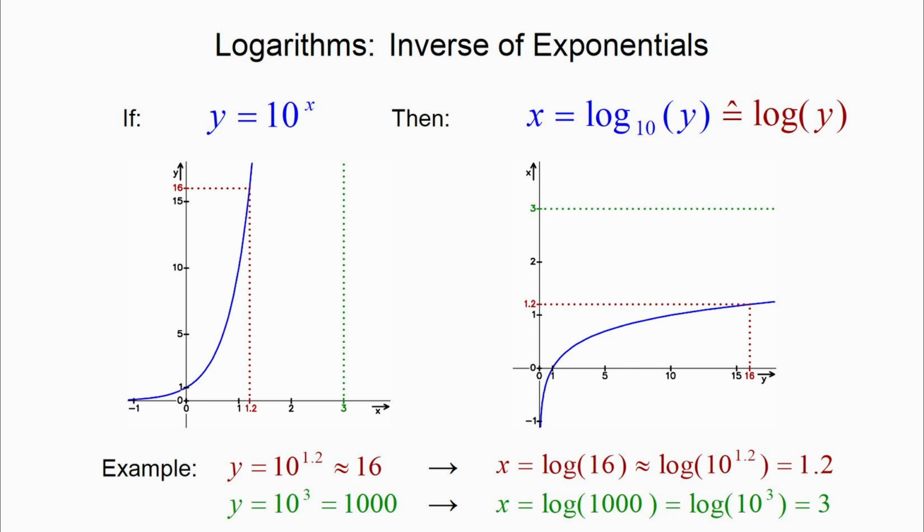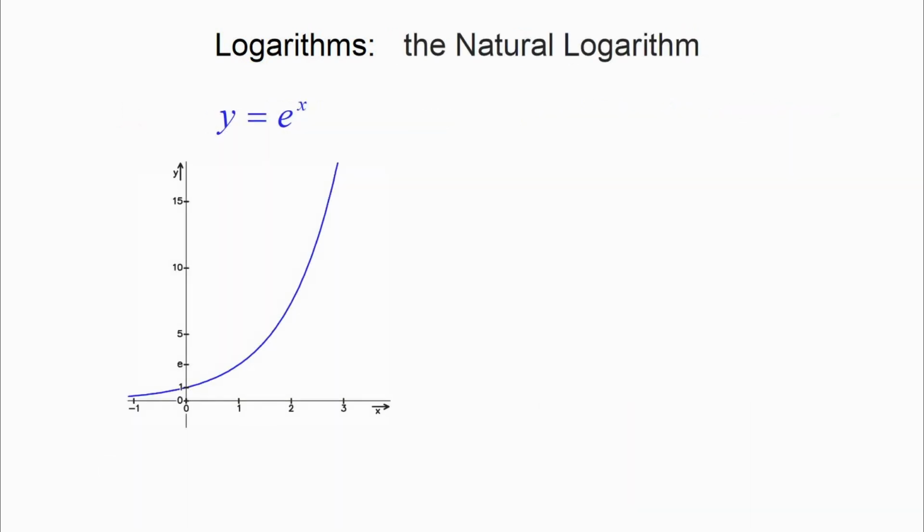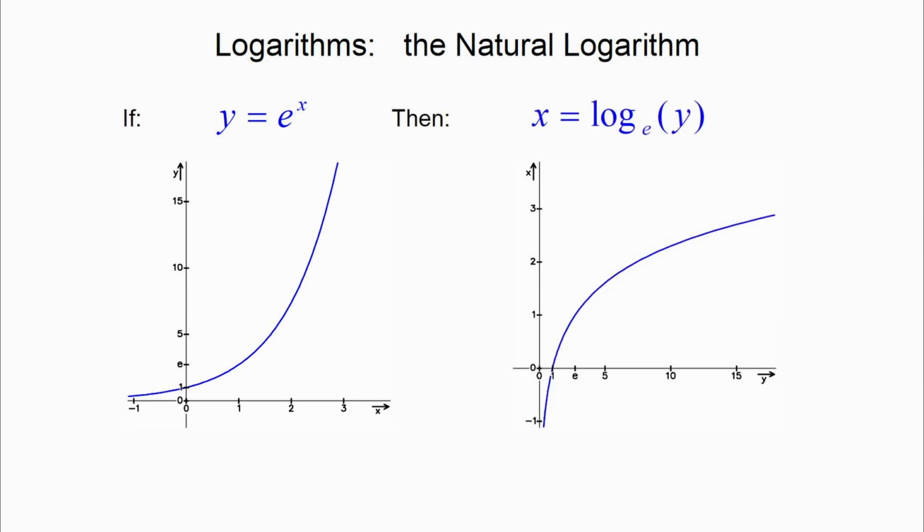It's all about e here, so this is the eventual value for the base to be explored in the form of the function y equals e to the x, together with its inverse, x equals the base e log of y. Because of the specific properties of e, the base e logarithm was given the special name natural logarithm, abbreviated to ln.